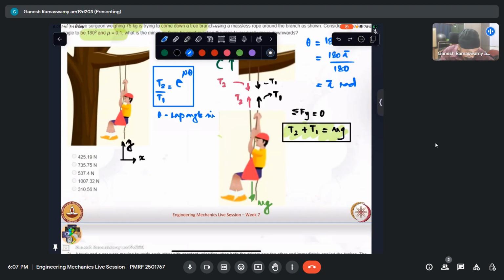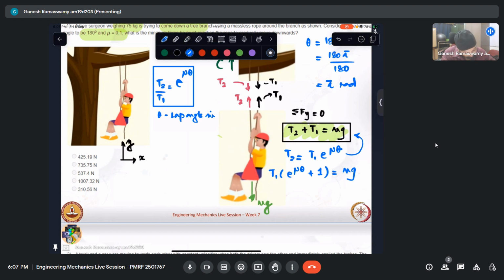So what does the second equation give us? T2 is nothing but T1 e power mu theta. So we can substitute this in that equation. What will we get? T1 into e power mu theta plus 1 is nothing but mg, where m is the mass of that person.